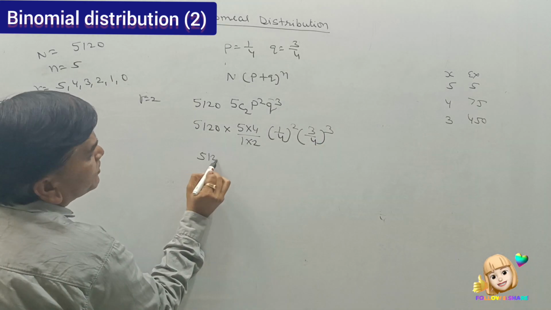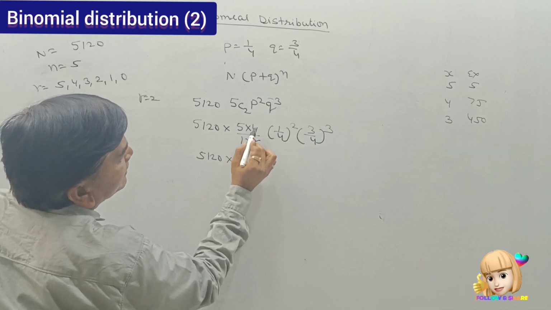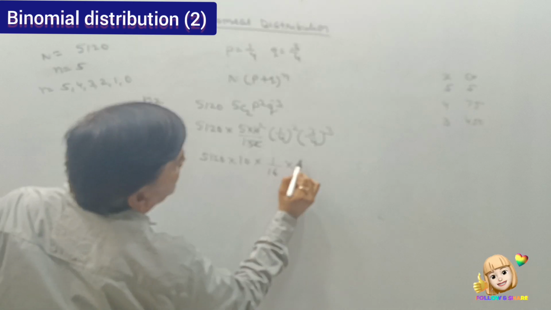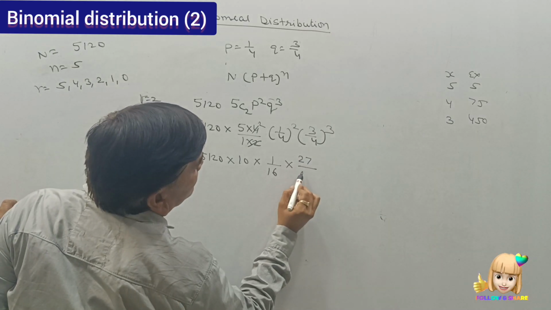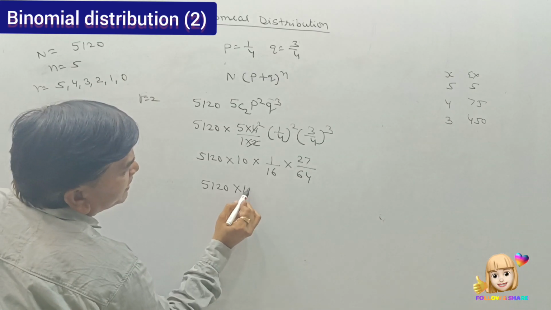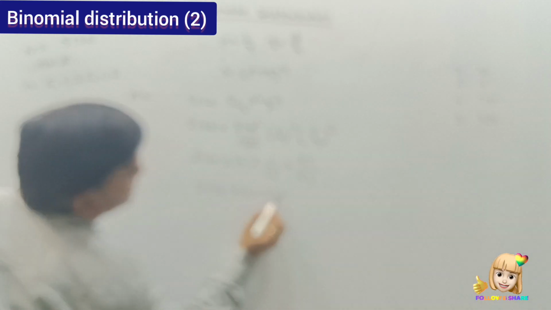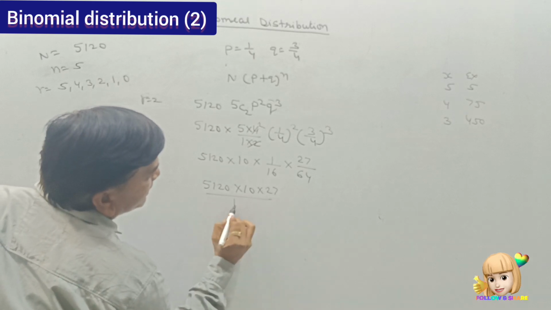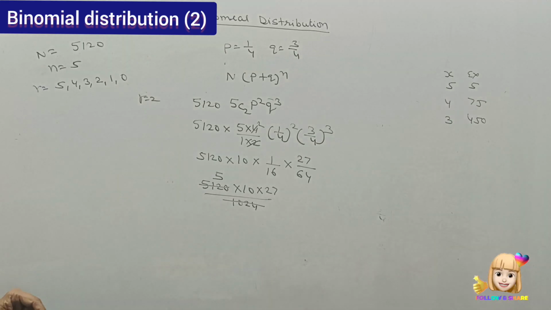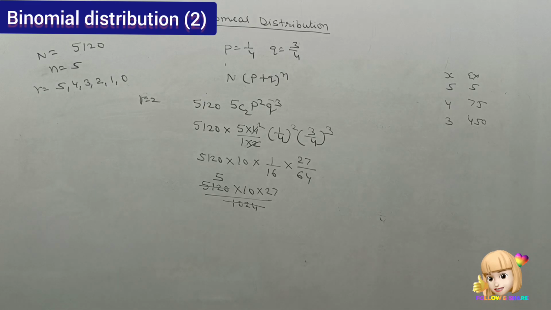So 5120 multiply 10 multiply 1 by 16 multiply 27 upon 64. So 5120 multiply 10 multiply 27 divided by 1024, this is 5 times. So 270 multiply by 5.